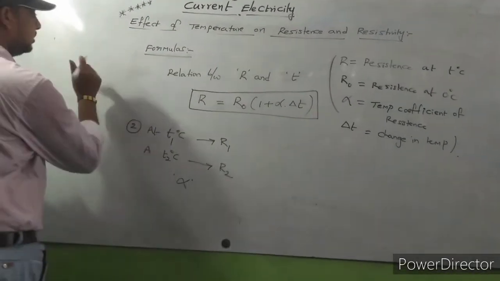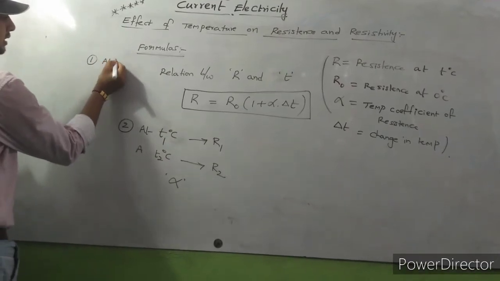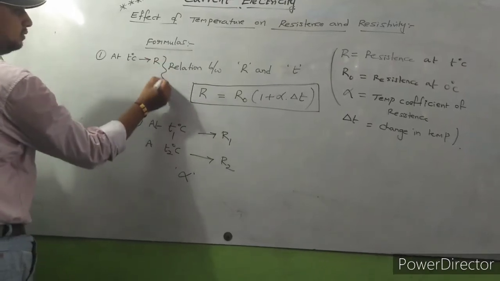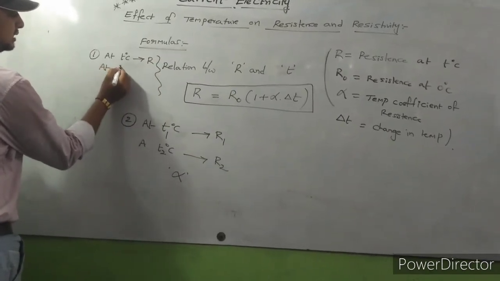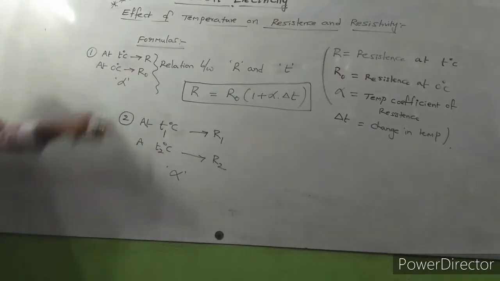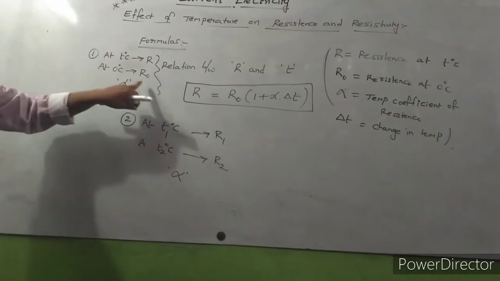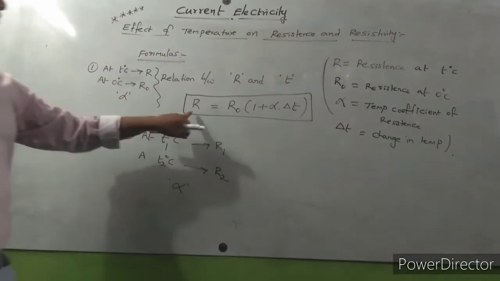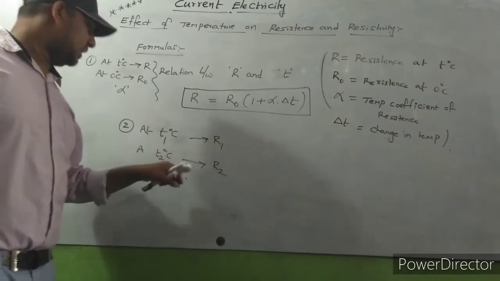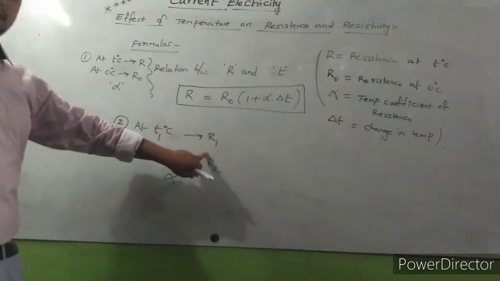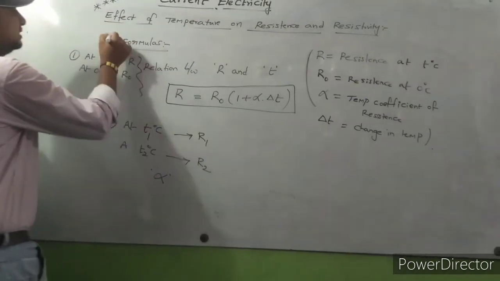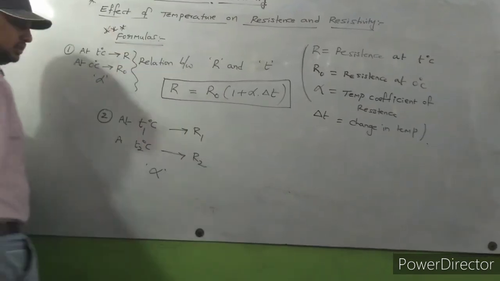In the first case, at t degree Celsius resistance is R, at 0 degree Celsius resistance is R0 and alpha is given. That time the formula is R equals R0 into 1 plus alpha into delta T. Here, at T1 degree Celsius resistance is R1 and at T2 degree Celsius resistance is R2. Now these formulas are very important to solve numericals.